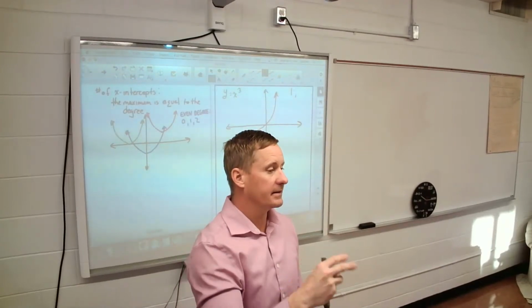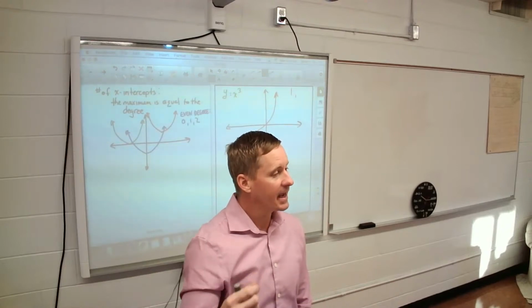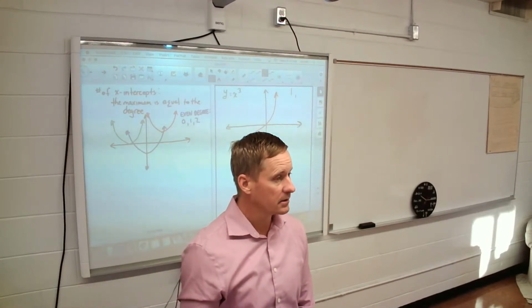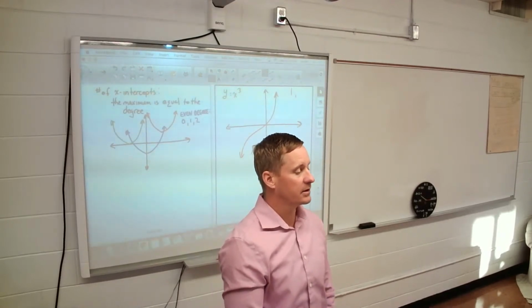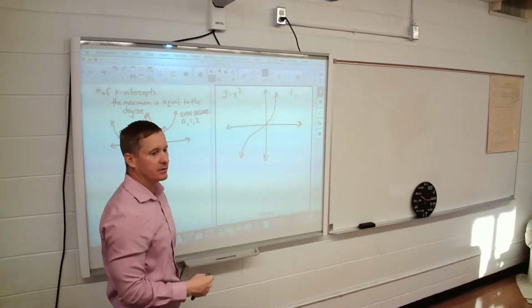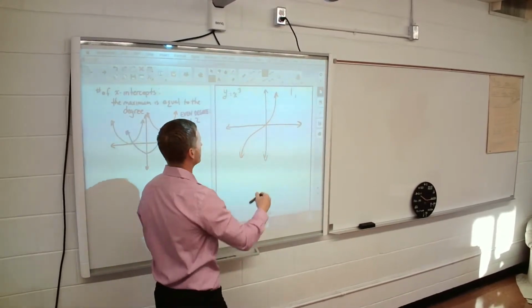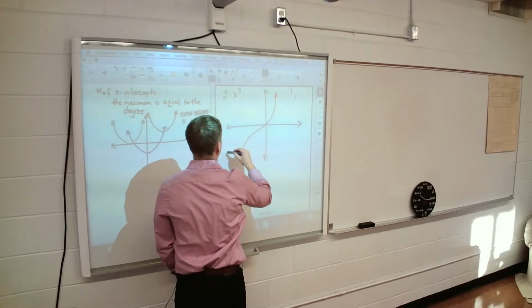So remember, to get the number of turns, it's always 1 less than the degree. So you actually count the number of turns and add 1 to it, and that's the degree. So in this case, if the number of turns is 2, it's an odd degree. Okay? All right, here's another example.